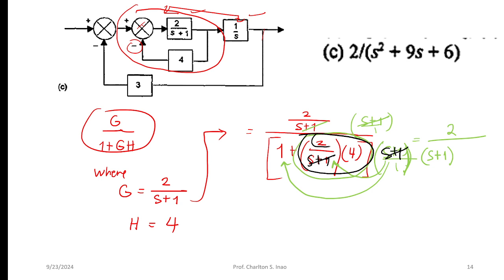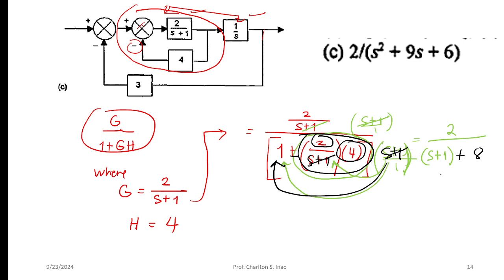What will remain is 2 and 4, which is 8. So s plus 1 here, s plus 1, then separated by plus sign. Then cancelled out. 2 times 4 is 8, right? 2 times 4 is 8. Okay? So this becomes 2 over s plus 1 plus 8.